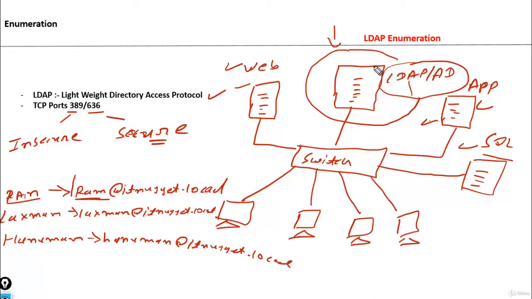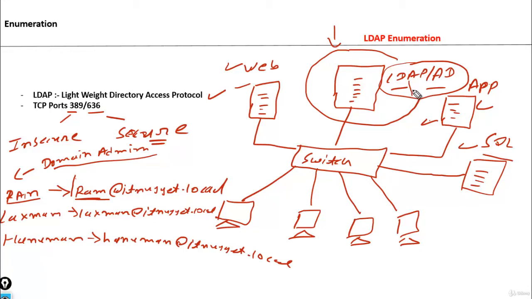These credentials are very important for any attacker to gather information about the websites, applications or SQL server of your organization. Think Ram is working as a domain admin, meaning he can manage every user and group of this LDAP or Active Directory server.